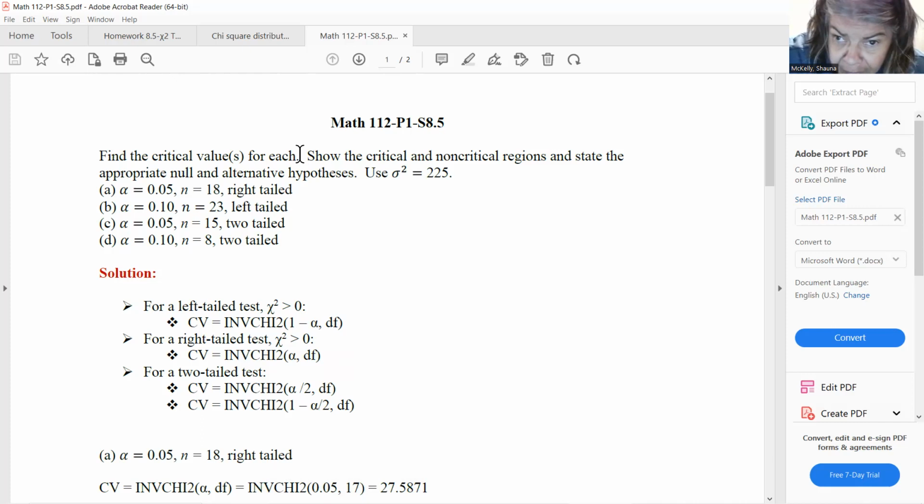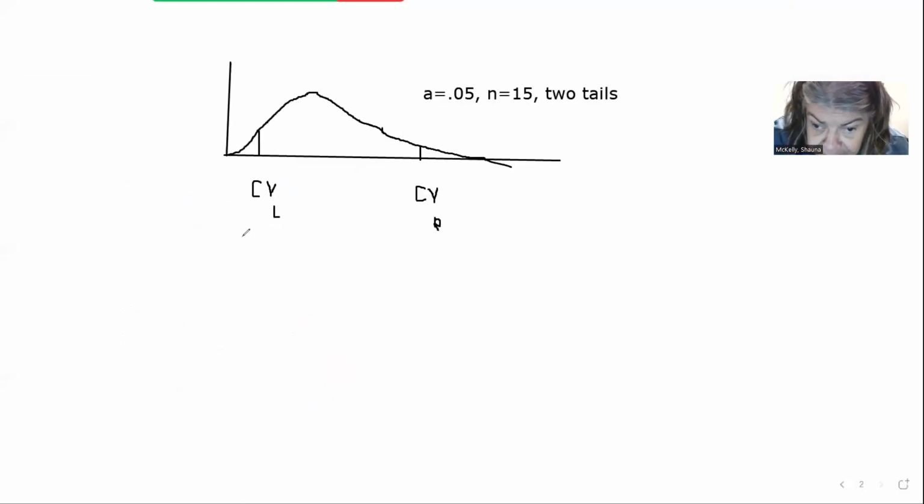So for here, this one is going to be 1 minus alpha over 2 and df, okay?